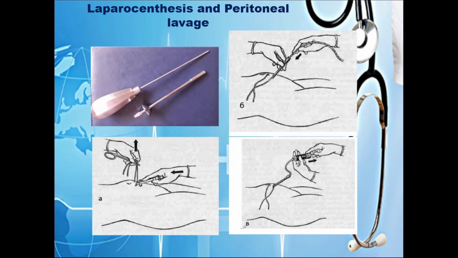How will we do this? First, it is an operation anyway. All the features of an operation should be present. So we need to follow aseptic and antiseptic means to make it correctly. First, we make an incision below the umbilicus. It's the better place to insert the trocar with the tube, due to anatomical features of the abdominal cavity and fixation of the umbilicus to the aponeurosis.